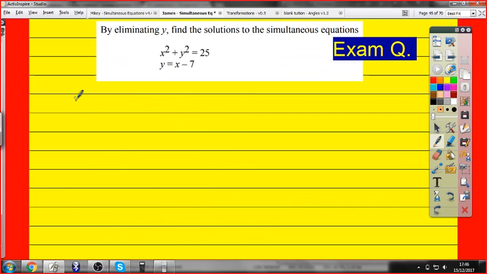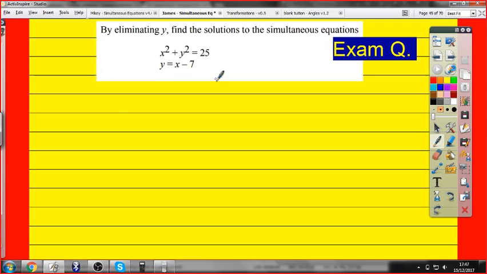Okay, so this is a more straightforward, well, more work, but a bit more straightforward. So this will have an answer. Okay, how do we do this? Let's do it just by process of elimination as well. So if you look at equation 2, y is x minus 7.